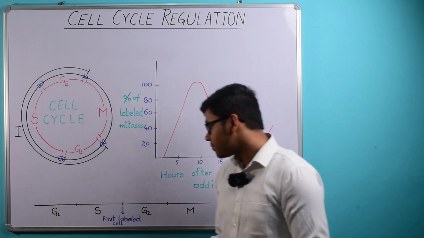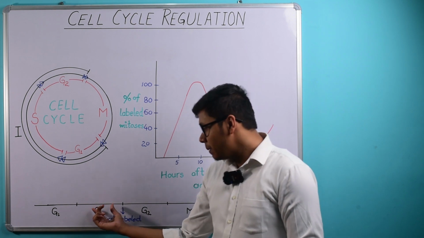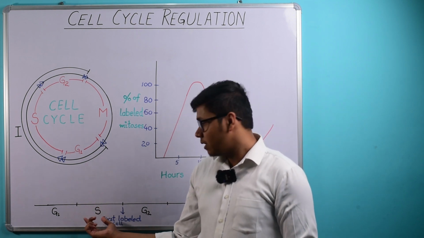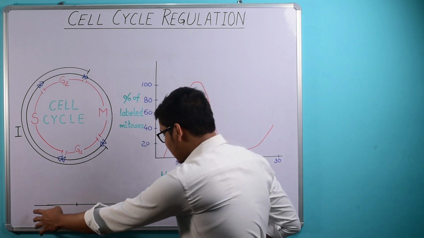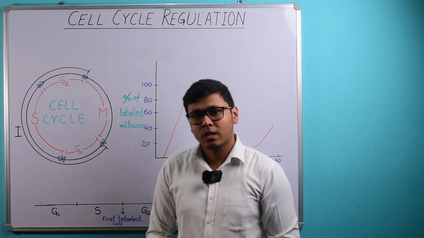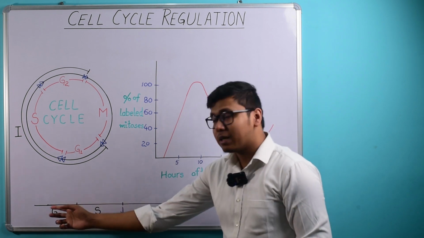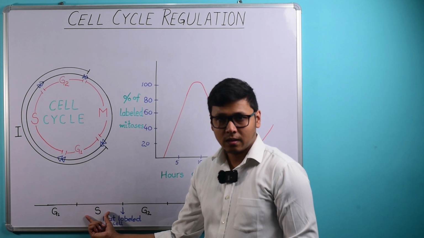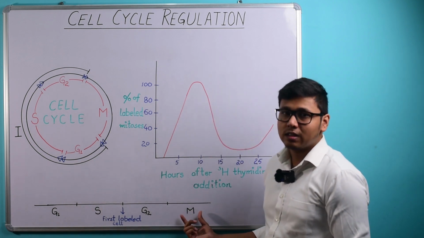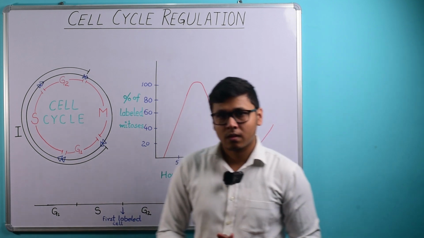For example, if we see 50% of the cells in a culture in S phase, and the entire length of the cell cycle is, suppose, 10 hours, we can assume that 50% of the 10 hours, that is 5 hours, is the duration of S phase. Okay, and in the same way we can calculate the duration of M phase as well.